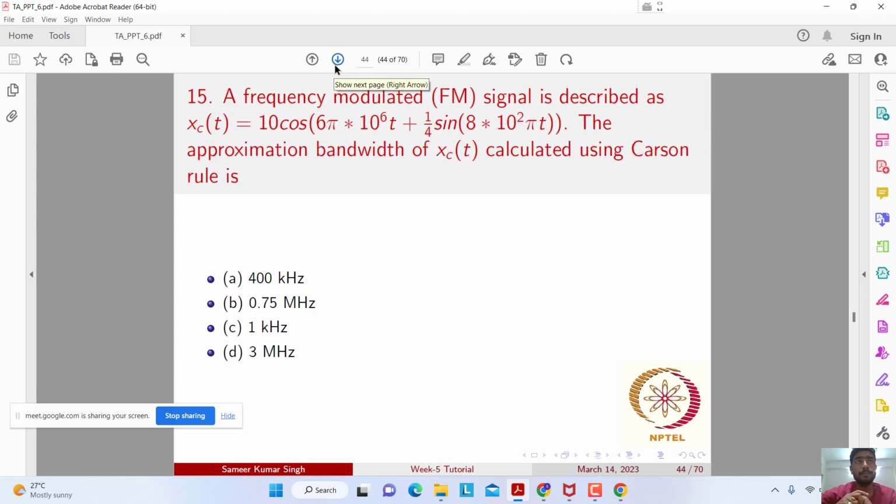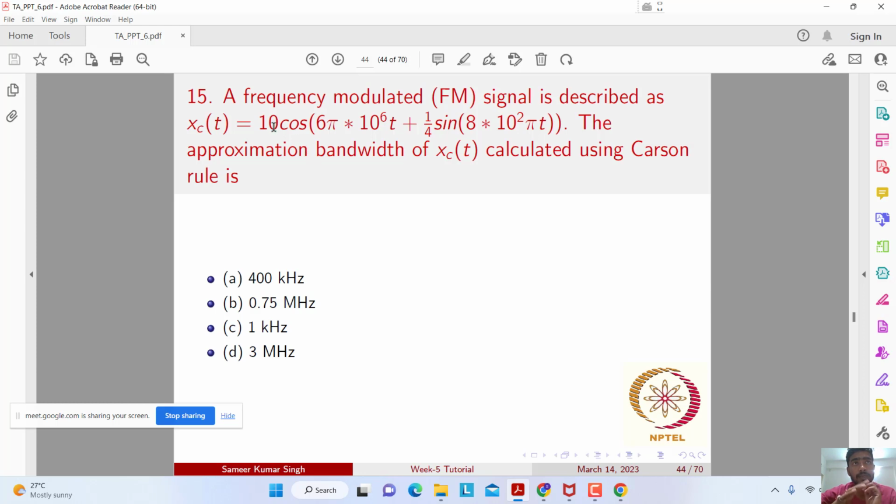Question number 15. A frequency modulated signal is described as xc(t) equals 10 cos(6 pi into 10 to the power 6 t plus 1 by 4 sin(8 into 10 to the power 2 pi t)). Find the approximate bandwidth of xc(t) using the Carson rule. Same in this question, just calculate the bandwidth.